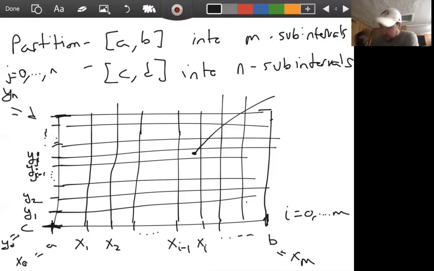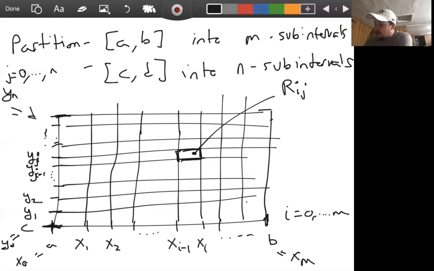And so here we can think about the subrectangle that's given by the xi and yj partition as r sub ij, right?